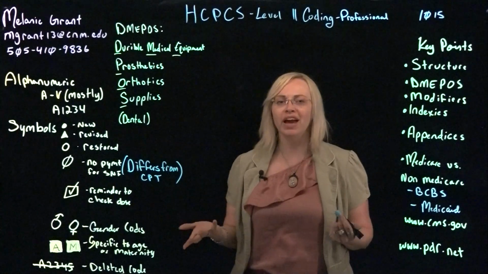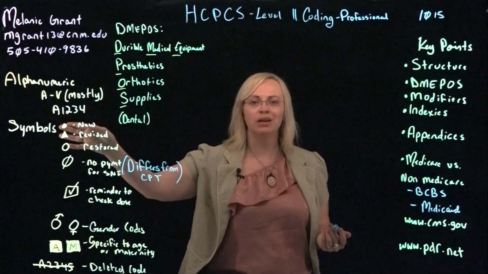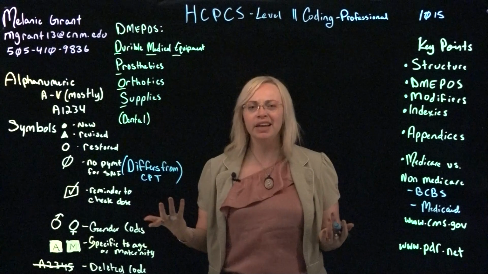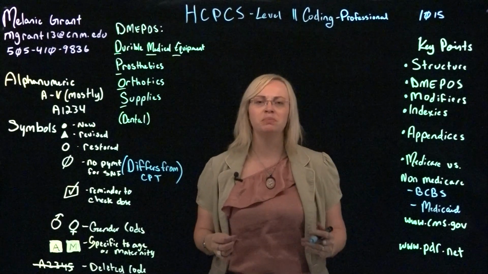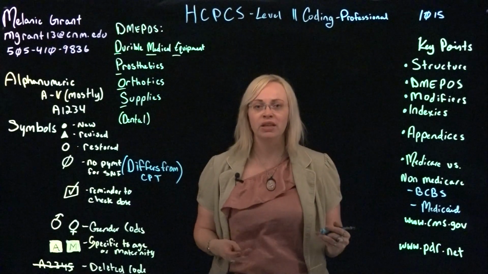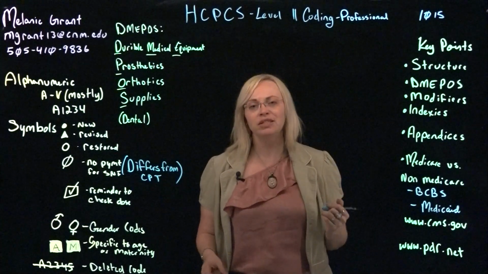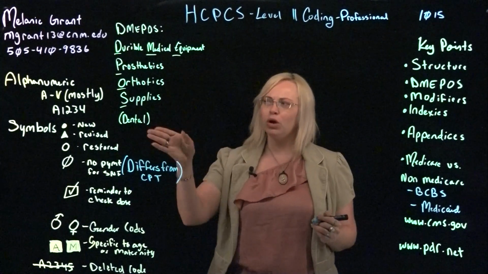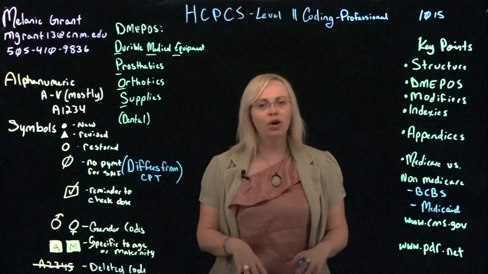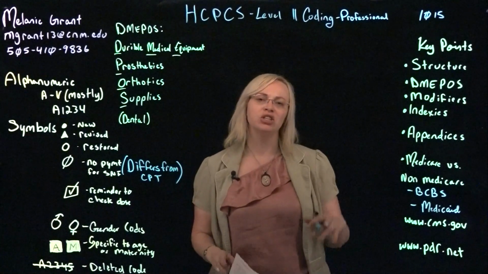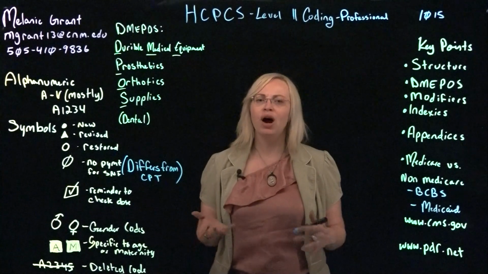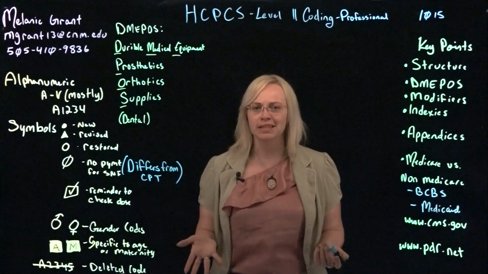Also, all the categories are based off of what letter you find the HCPCS in. So, kind of like how CPT had different sections based off of what number it started with, HCPCS does the exact same thing, starting with which letter it is found under. We'll go back to that in just a moment, and we'll cover just exactly what's in each of those categories. For now, though, I want you to be aware that HCPCS exist.